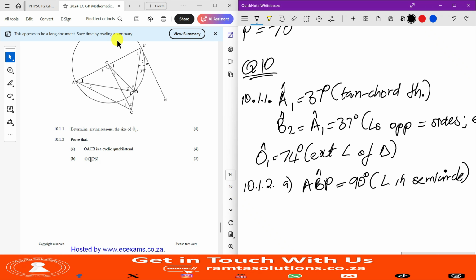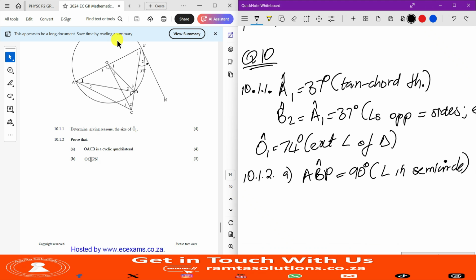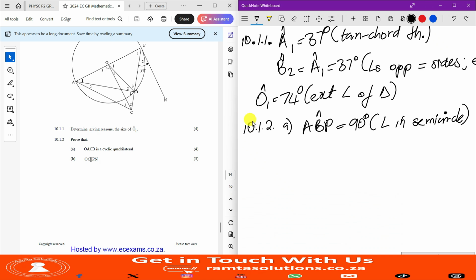Now I want to remember that when we prove that a quadrilateral is cyclic, we can use these rules here. Let me change the colors. We can use angles opposite, angles on the same segment, or exterior angle of a cyclic quad, or we can use the fact that this and this equals 180.